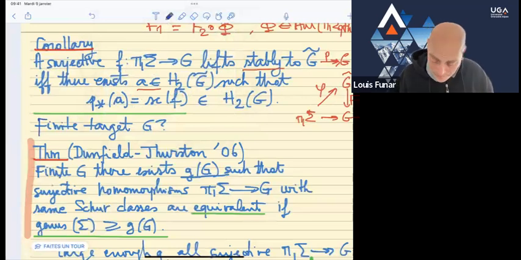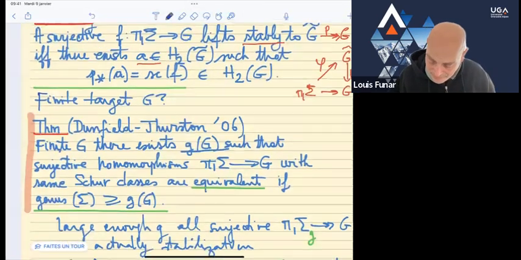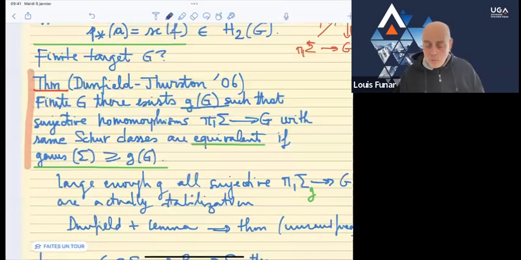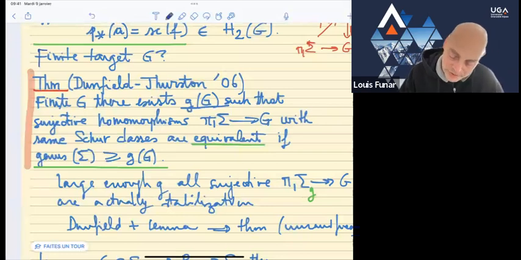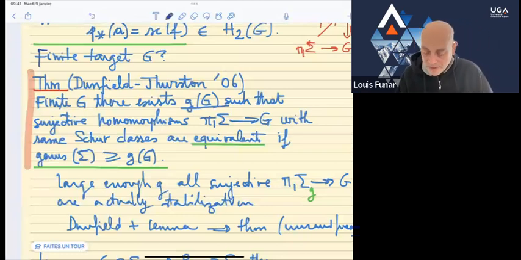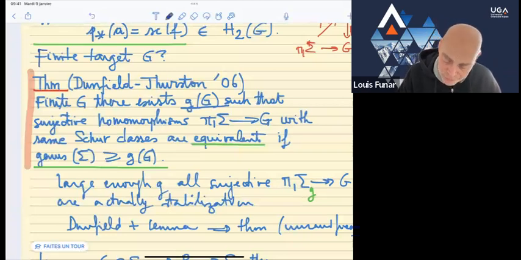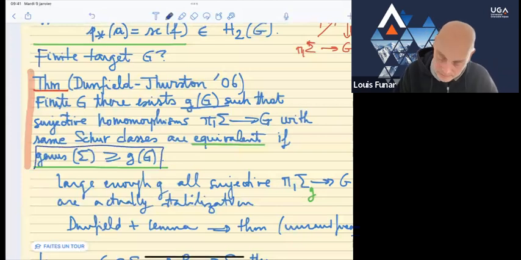Namely, what they are saying is that if the group G is finite, there exists some genus, which depends of course on the group, such that all surjective homomorphisms from pi1 of sigma into G having the same Schur class become equivalent if the genus is at least that bound.